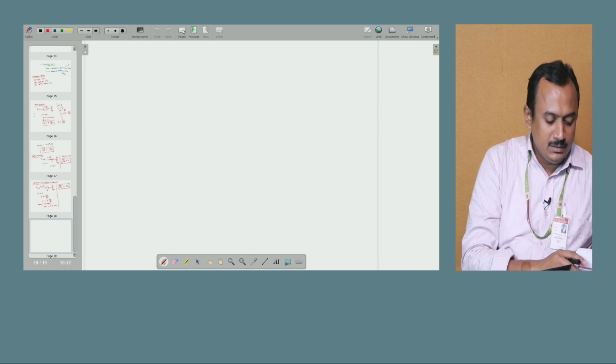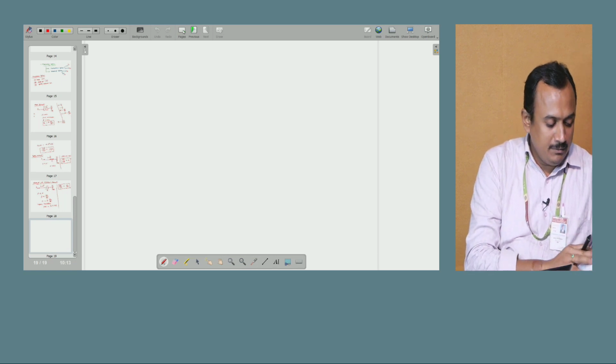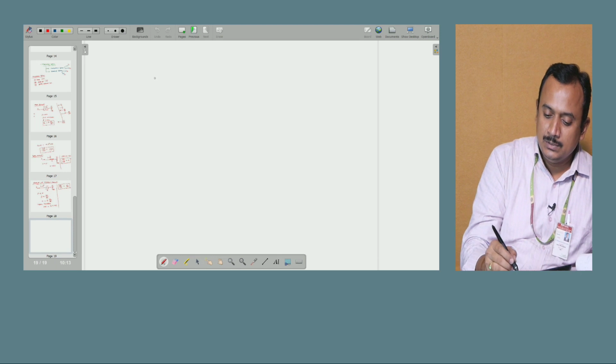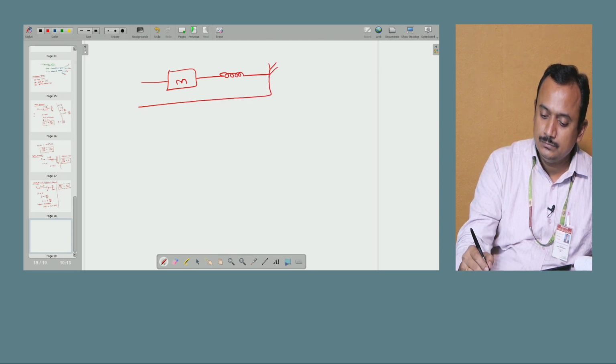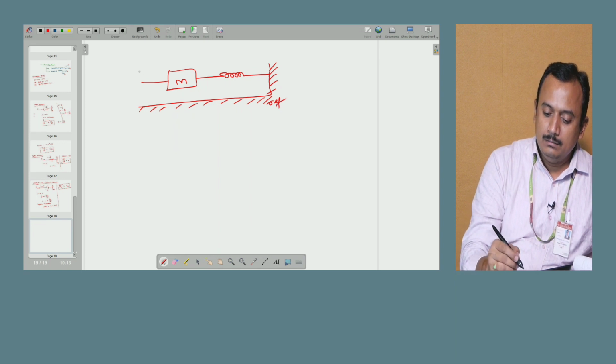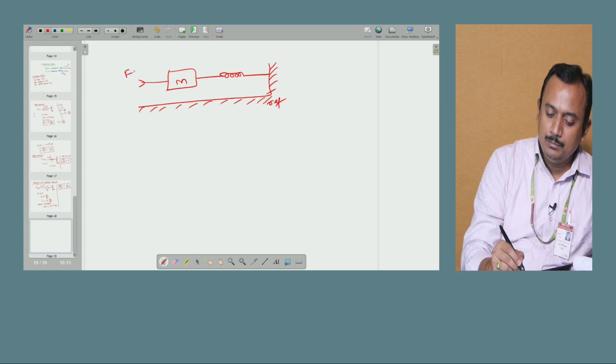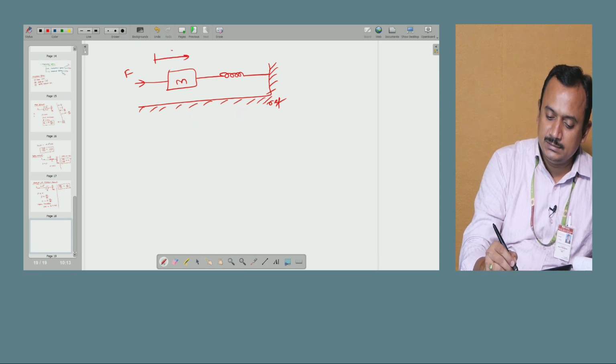Now let me consider an example of a mechanical system with a mass element and a spring constant. This is the reference, where we are applying input F, force, and the distance is x.